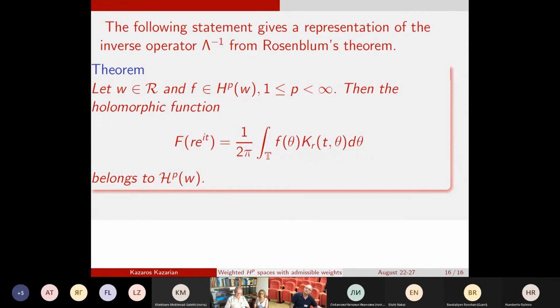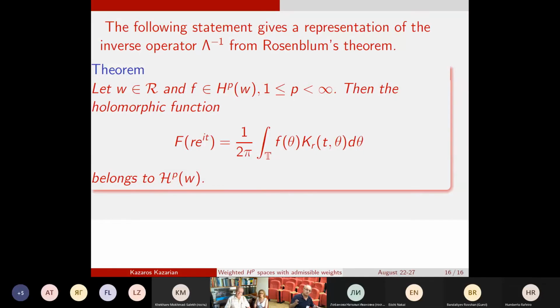And we have also the following theorem: if omega belongs to the Rosenblum class, okay, and f belongs to the class HP on the boundary, then the holomorphic function belongs to calligraphic HP omega. Okay?